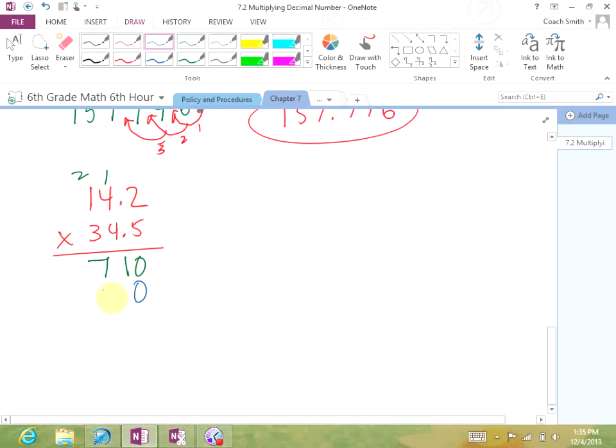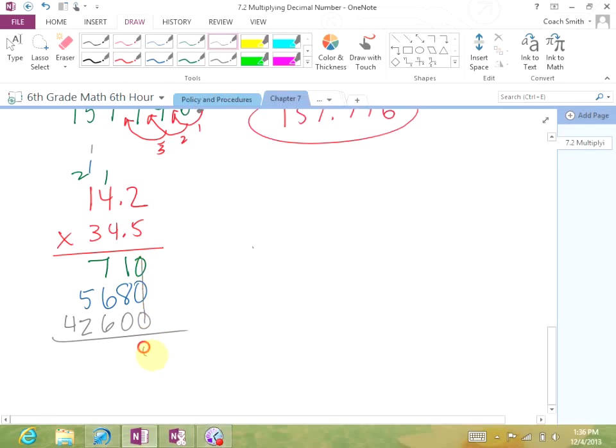4 times 2 is 8. 4 times 4 is 16, carry my 1. 4 times 1 is 4, plus 1, 5. Be 2 zeros. 3 times 2 is 6. 3 times 4 is 12, carry my 1. 3 times 1 is 3, plus 1, be 4.